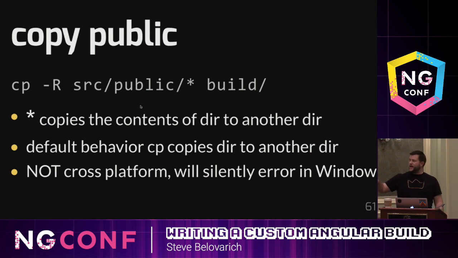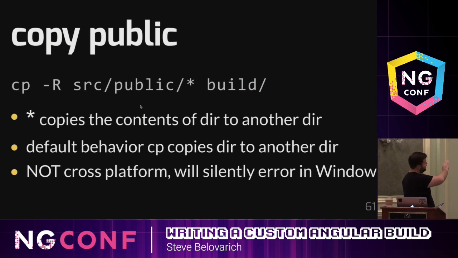We could run this command in the terminal, cp, which is copy, and then we're going to use the R flag to copy recursively every folder that's inside of the public folder. But we can use star at the end of the path that we want to copy the contents of that directory and not the directory itself.